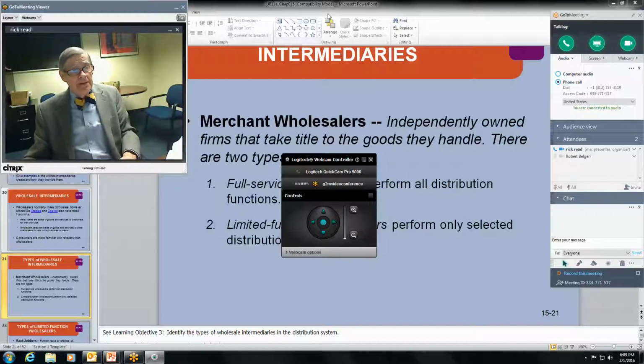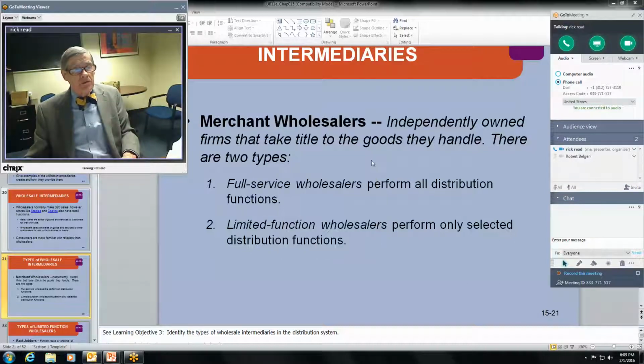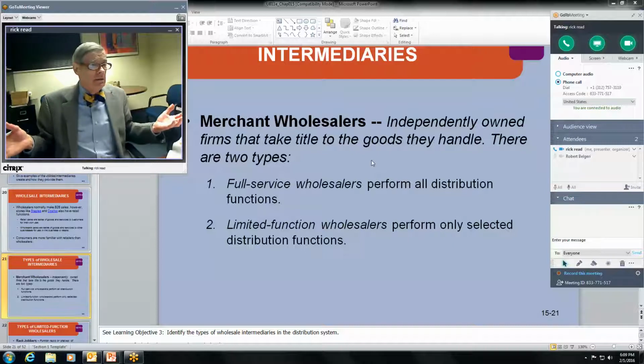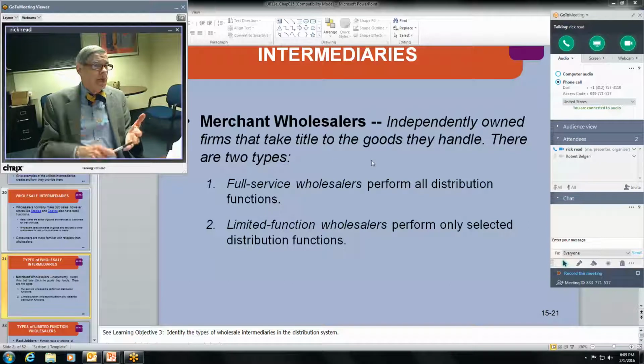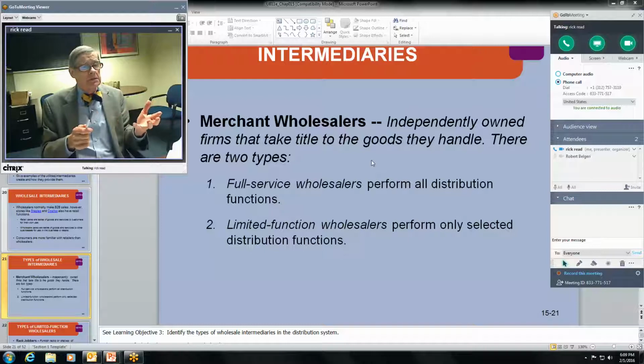And within the merchant wholesalers, there are two types: full service and limited function. Full service is exactly what it means. They do everything. They do some marketing, they do selling, they do follow-up, they do service, they do all those sorts of things.